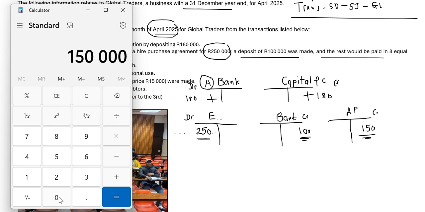It's going to be paid in 8 equal installments. So for this transaction I said divide by 8, which is going to give 18,750. We are paying, according to this transaction, the first installment, which is 18,750.